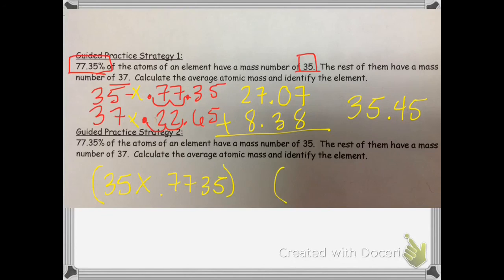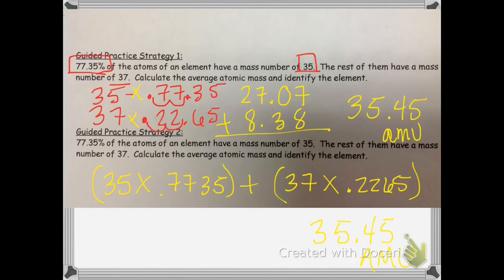And then the other step we did first was 37 times 0.2265. So we want those to be done first. And then we're going to put an addition sign in between them because at the end we want them all to be added. And guys, at the end you will still end up with 35.45 AMU.